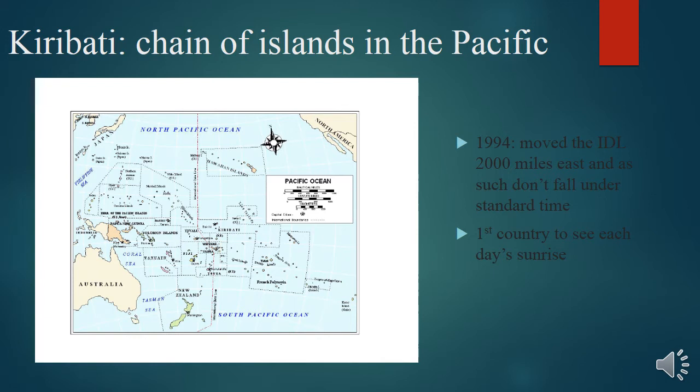An important part of talking about time zones is talking about the international dateline and some of the interesting things that happen there. Time zones split the Earth into 24 different hours of time, right?